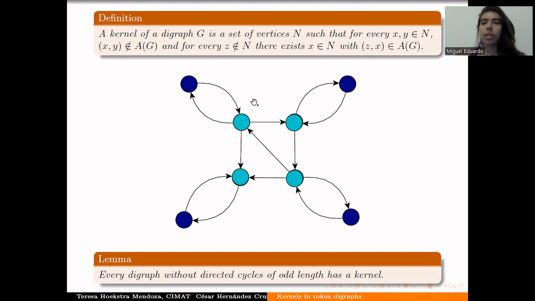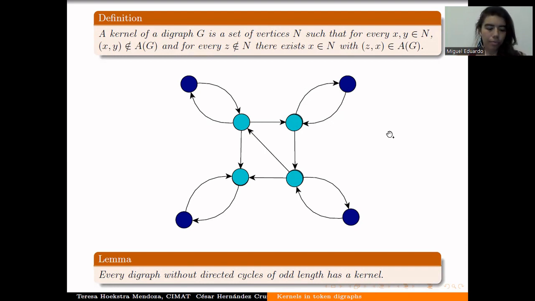If we consider this digraph, the dark blue vertices are a kernel, since there are no edges between them, and there is an arrow from every light blue vertex to one dark blue vertex.